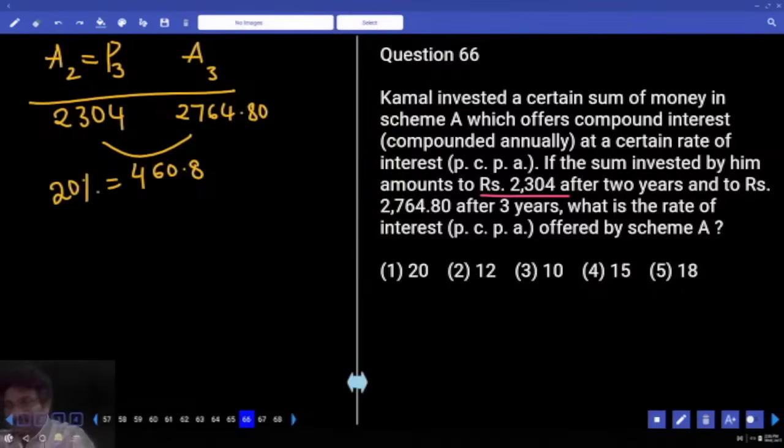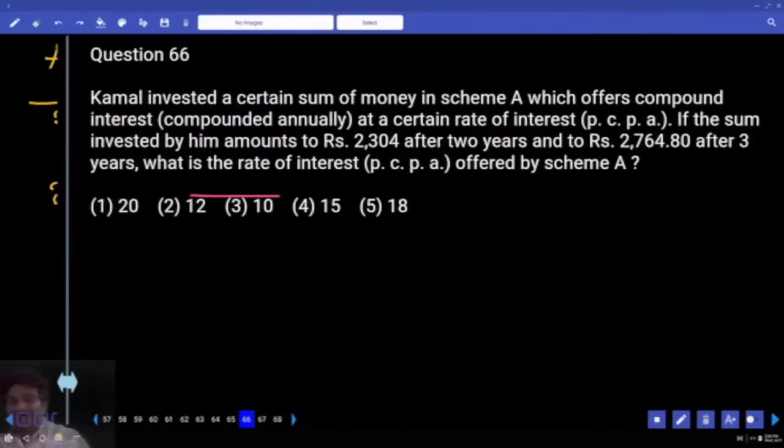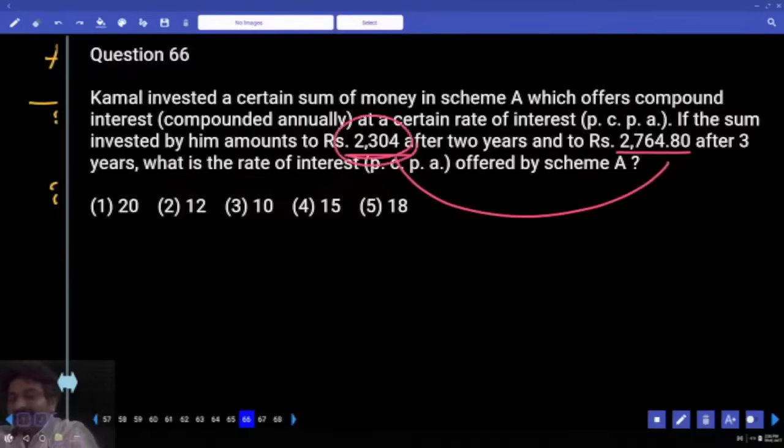This we don't have to actually write. I'll tell you the logic. You know that this is principal for the third year and this is amount after the third year. The difference is interest for 1 year. Look at this number. 10% ends with 0.04, correct?